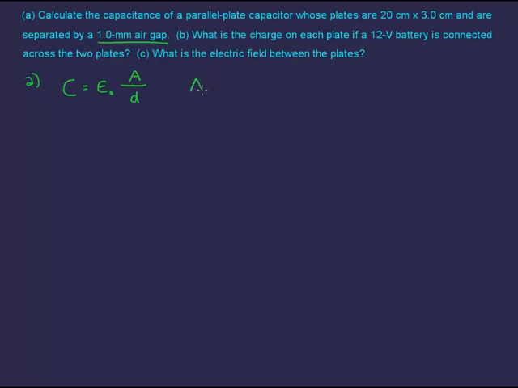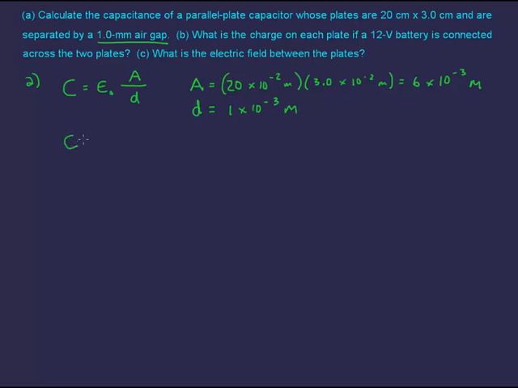So let's do that. The area is going to be the height times the length, or the length times the width, whatever you want to call those things. Those two dimensions multiply together, which is 20 times 10 to the negative 2 meters, multiplied by 3 times 10 to the negative 2 meters, which I get as 6 times 10 to the negative 3 meters squared. d is 1 times 10 to the negative 3 meters.